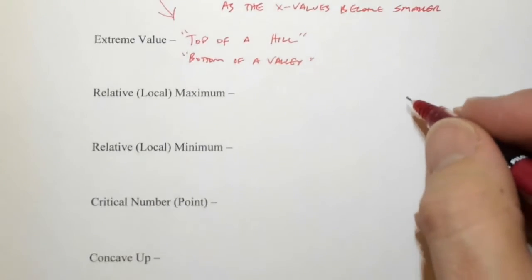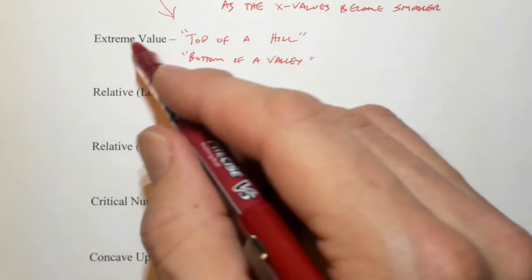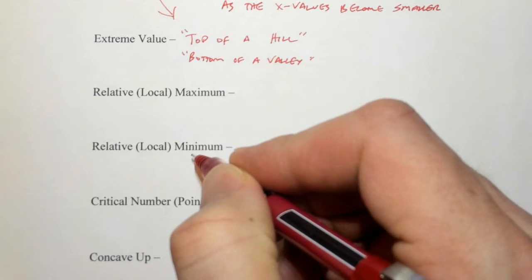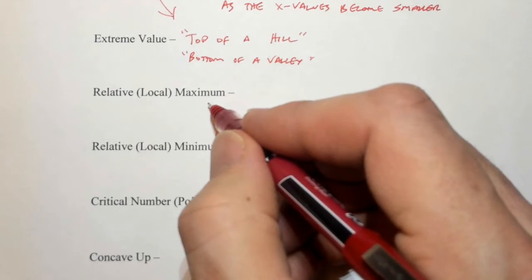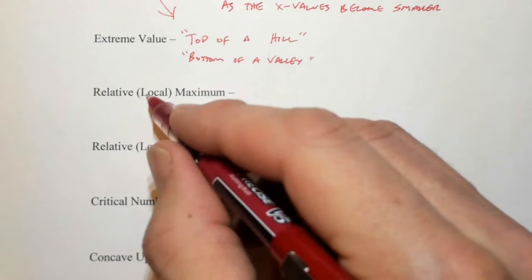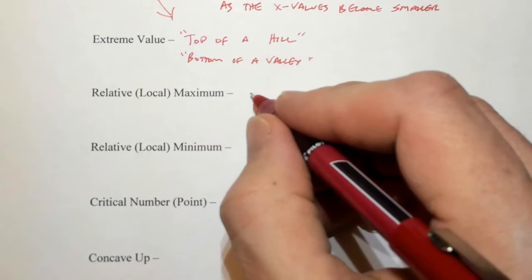And more specifically, we can break this category of extreme value down into either a maximum or a minimum. So a relative maximum, which is also sometimes called a local maximum, you can use these two words interchangeably. It doesn't matter if you say relative max or local max. But that is the top of the hill.